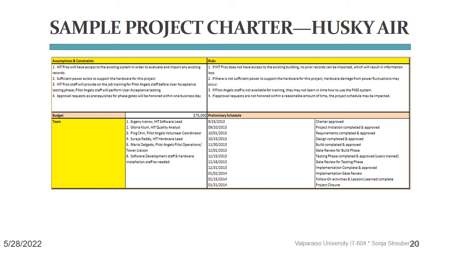Assumptions are the things that we can expect as project managers to be ready for us as we bring the team in and as we perform our work. Constraints are the things that we can expect to be limiting us in the kind of work that we can do or in the ways that we can do our work.